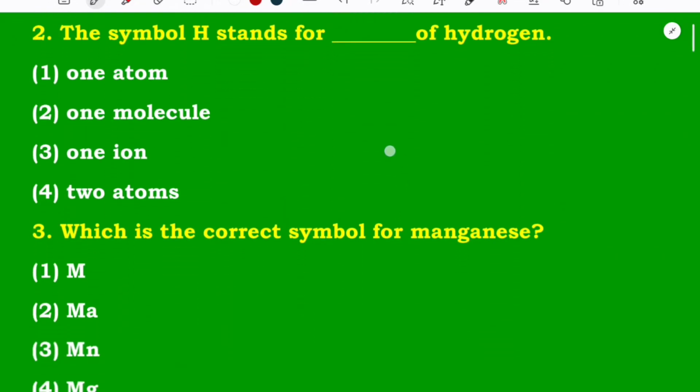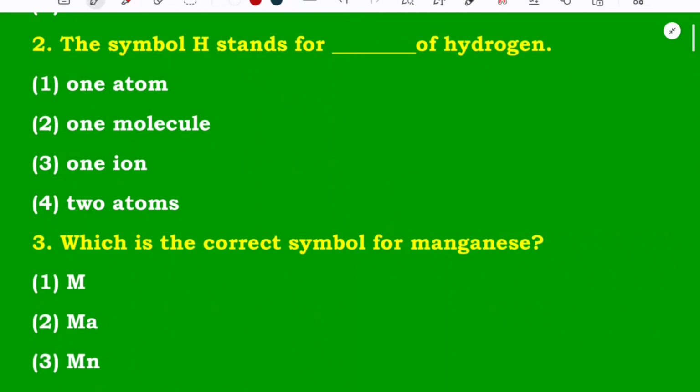The second question is, the symbol of hydrogen, H, stands for dash of hydrogen. Dash of hydrogen means here one atom of hydrogen. H2 means molecule.